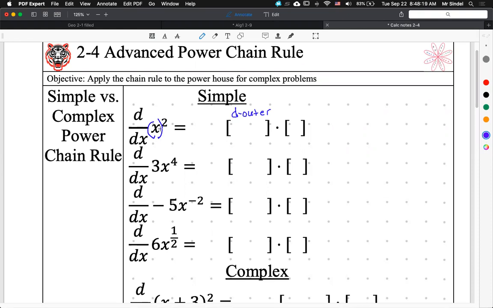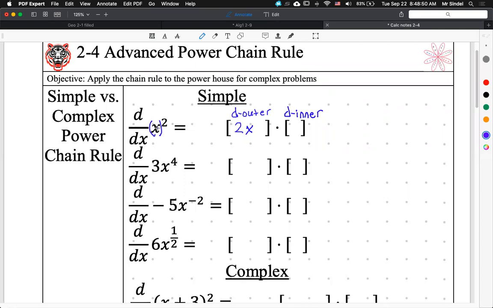The 2 goes out to the front. And then we relist the inner. What was the inner? X. So really we just have 2x. Perfect. So that's the doubter, because it was the house that came down in front, and then we relist the inner, and then we multiply by the dinner. So this is the inner, known as dinner. Again, the inner is this x over here.